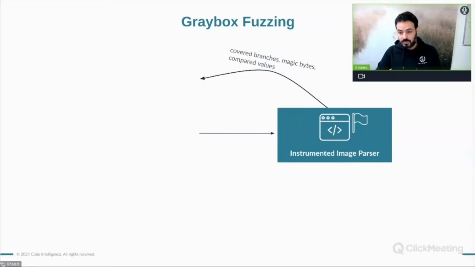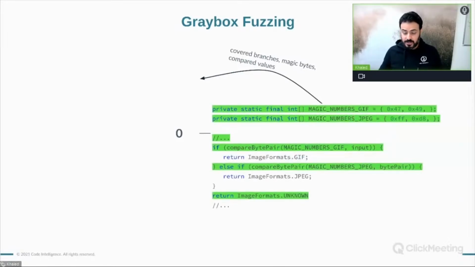A fuzzer would start, let's say, with a null input, and the application is executed, and from the instrumentation it gets the following information: with this input, you are able to cover these lines of code, for example. And here, the input is compared against some magic numbers, some static numbers.